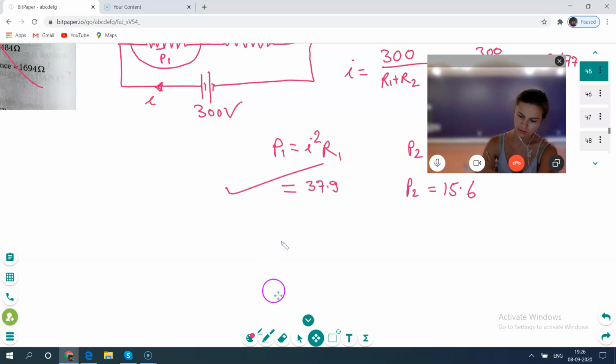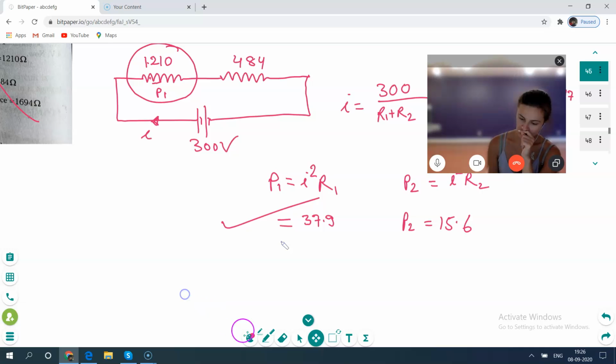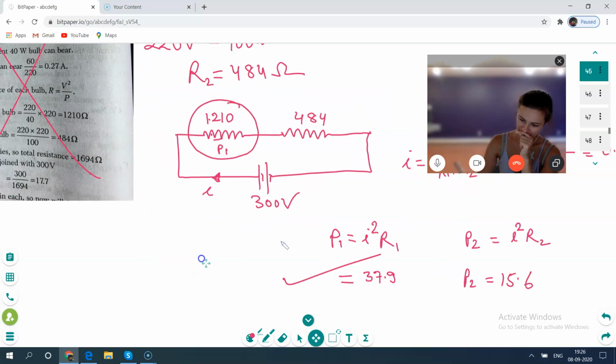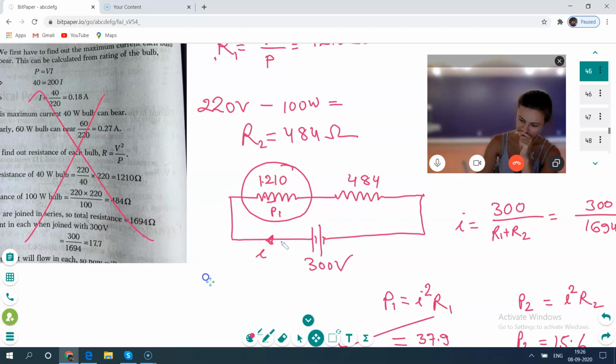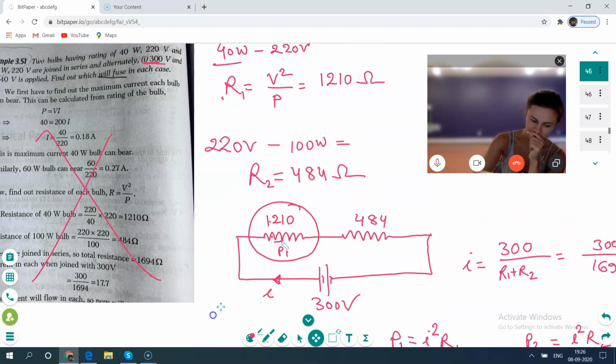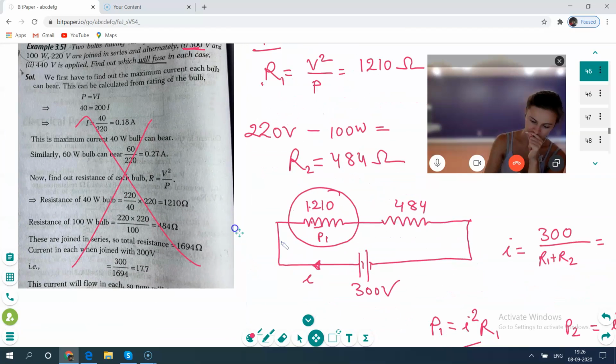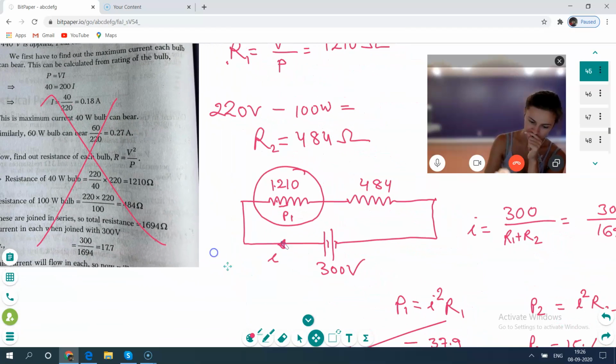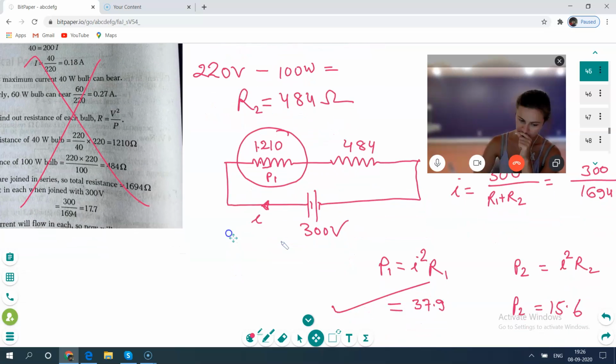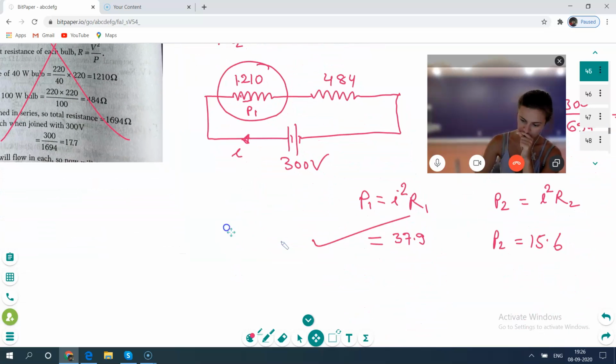Case 2, it's going to be a different voltage, so the current will be different. I will just change it to 400 volt. Correct? 400 divided by 1694. Current is going to be 0.236 ampere.